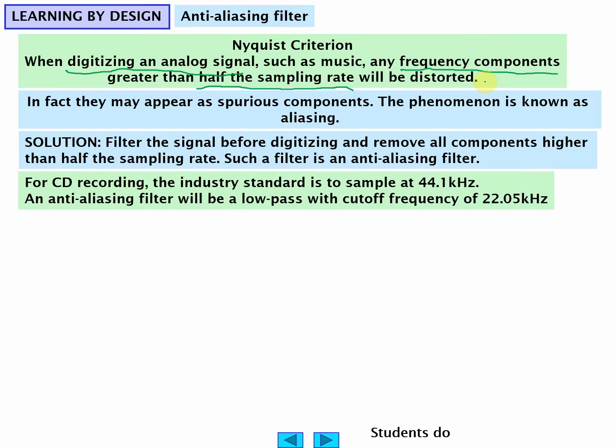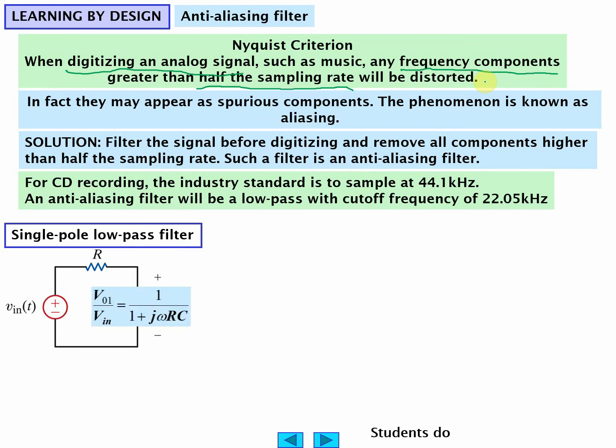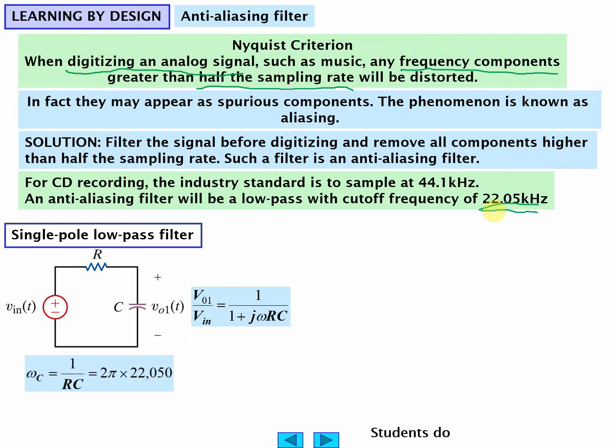So let's see what's going on. We want a low pass filter that passes stuff below this frequency, and we'll design right to this frequency. Omega is going to be equal to 2 pi times 22 point, the resonant frequency is going to be, here we go. It expresses it right there.